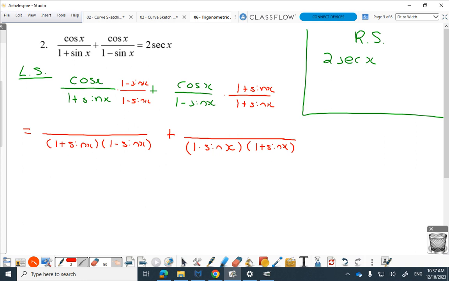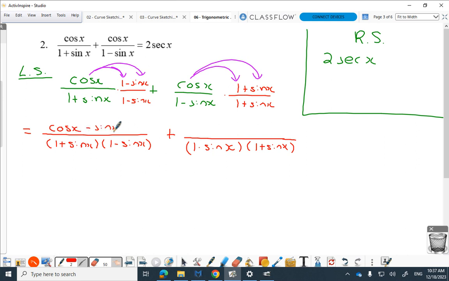I don't want to use cancel orange. I want cancel orange to stay as my hint thing. So I'm going to use little Easter purple here. The numerator of this one has to distribute, and the numerator of this one has to distribute. That can be upsetting. You'd be like, ugh, what a mess. Here I get cos x minus sine x cos x when I multiply out that one.